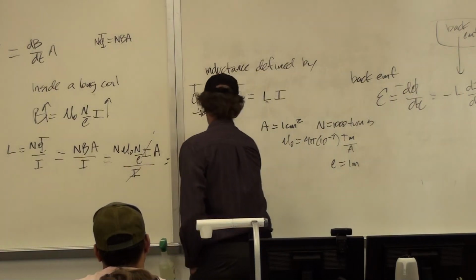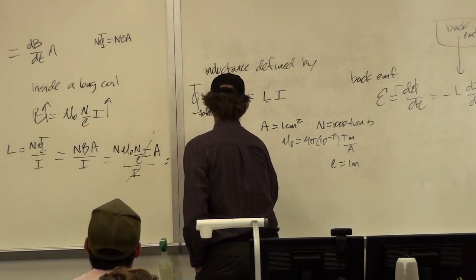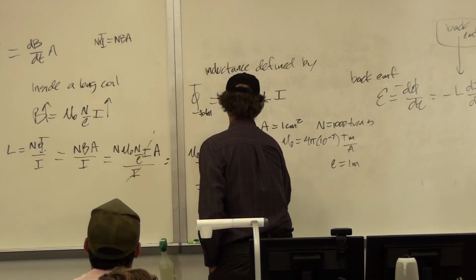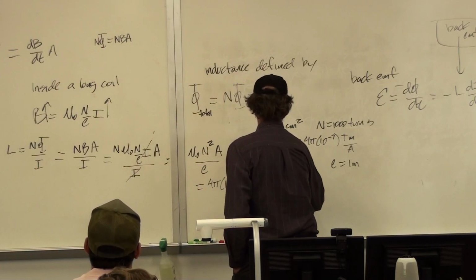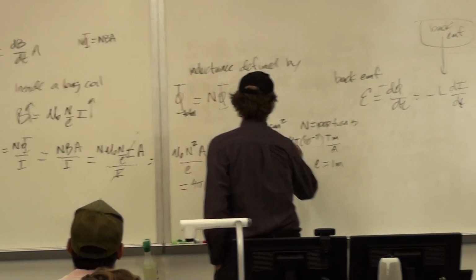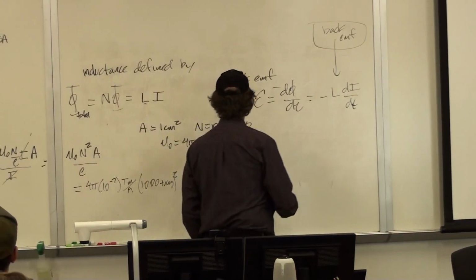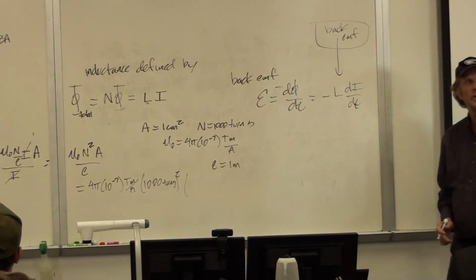Okay, so here we plug in numbers: 4 pi, 10 to the minus 7, times 1,000 turns squared, times the area. Now we have to be careful with the area. We can't leave that in square centimeters. That has to be converted to square meters.